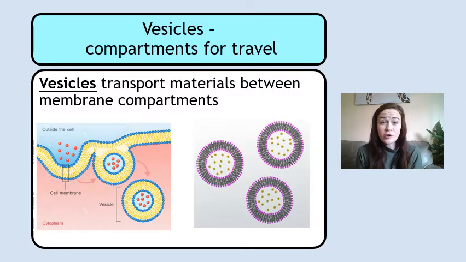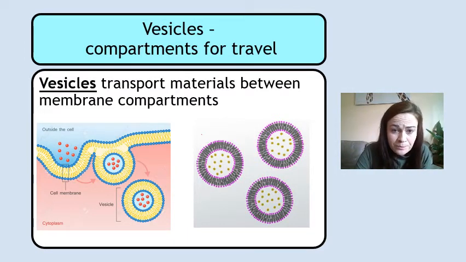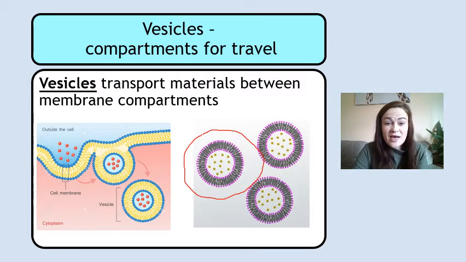Now, in order for the Golgi apparatus to get its packages of proteins and lipids to the lysosome or the cell membrane or whatever structure it's sending it to, it needs something to travel in, and vesicles are what they travel in. They are little membrane-bound compartments. If we have a look at this one just now, you can see that it's got a phospholipid bilayer, just like any other membrane-bound vesicle.